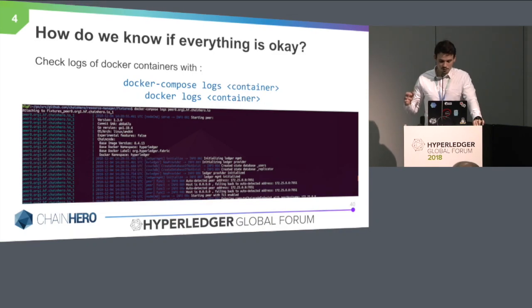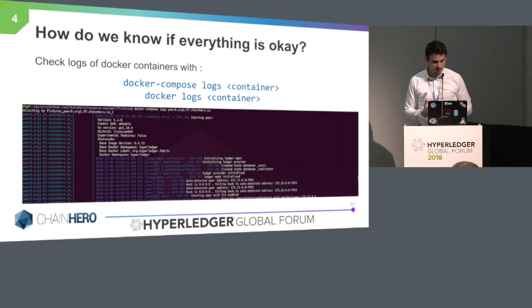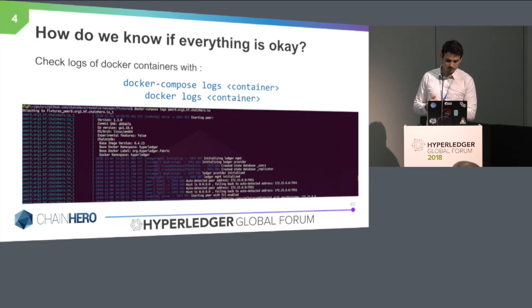So if you look at the logs, there are a lot of instructions, because every configuration is at debug log level. So every binary will give you a lot of information about what happened.